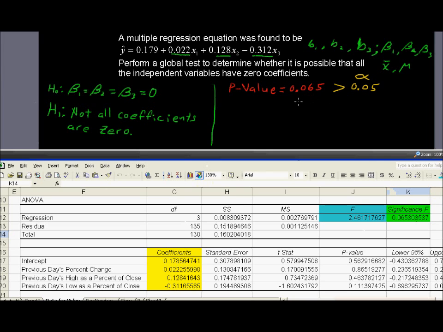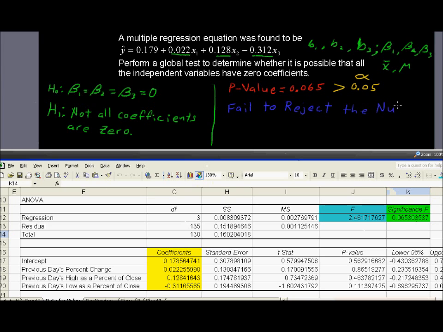And when a p-value is greater than the significance level, then we fail to reject the null. Unfortunately, and there's the drop in my voice, because that means that we can't necessarily use this equation to reliably predict what stocks are going to do the next day.